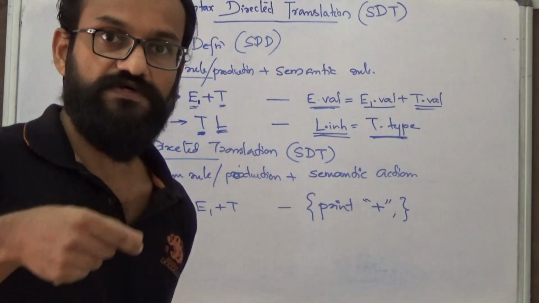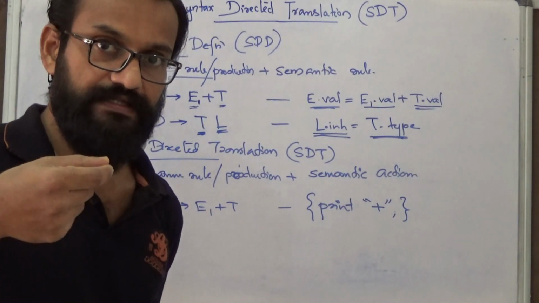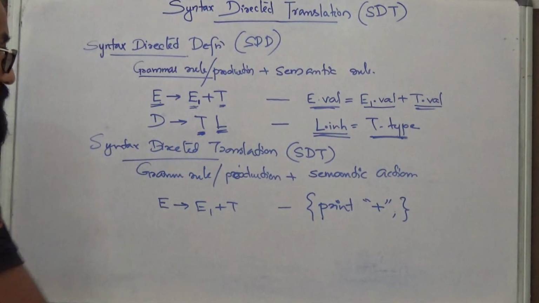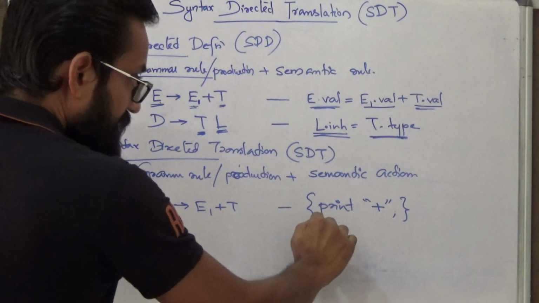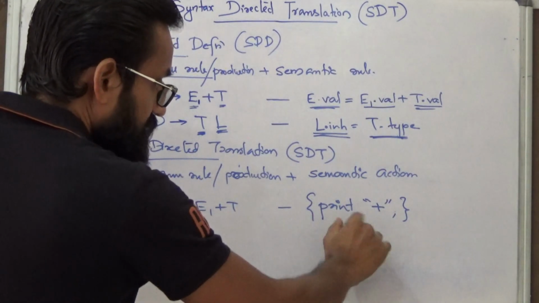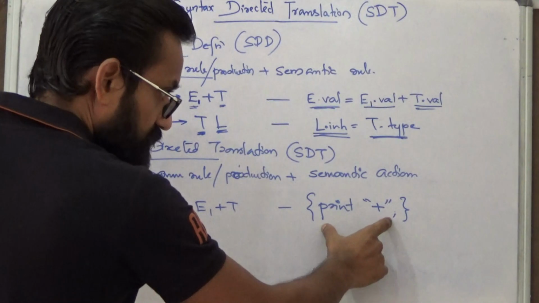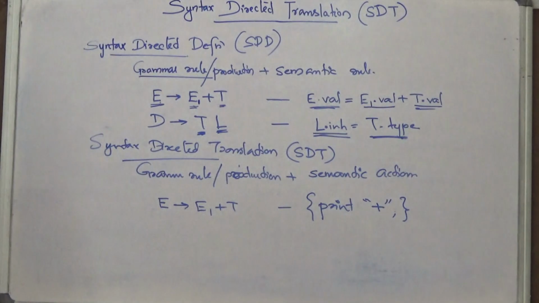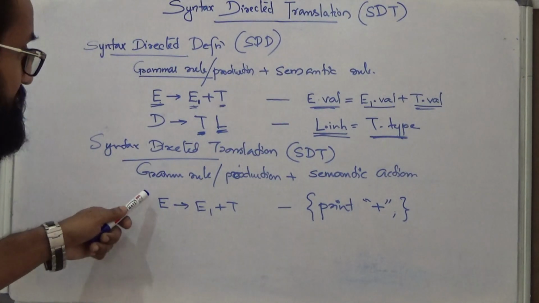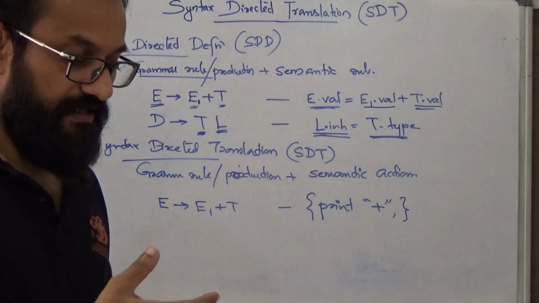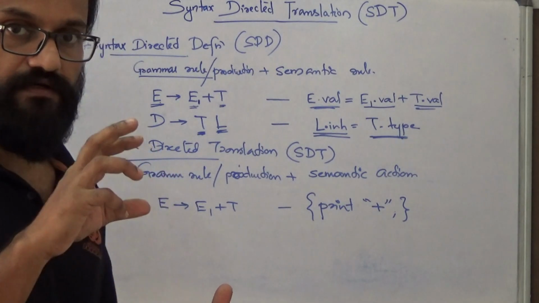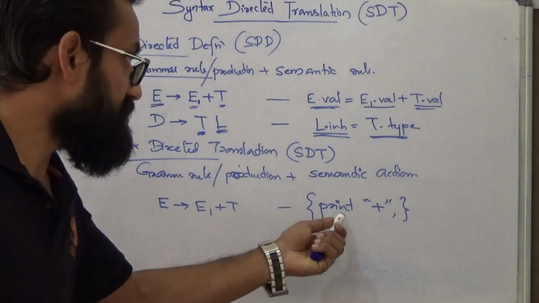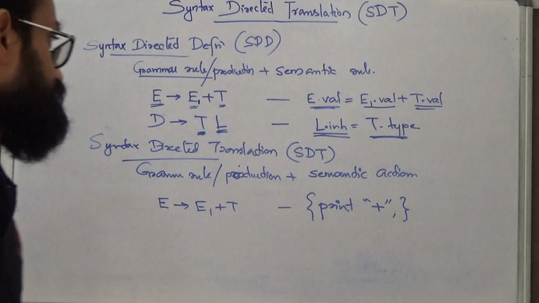Those actions will be performed in the same order, same sequence, and it will execute each action specified in the set of semantic actions delimited by the braces. So in syntax directed translation, while performing a reduction or processing a particular subtree in your parse tree, it will execute this sequence of actions.